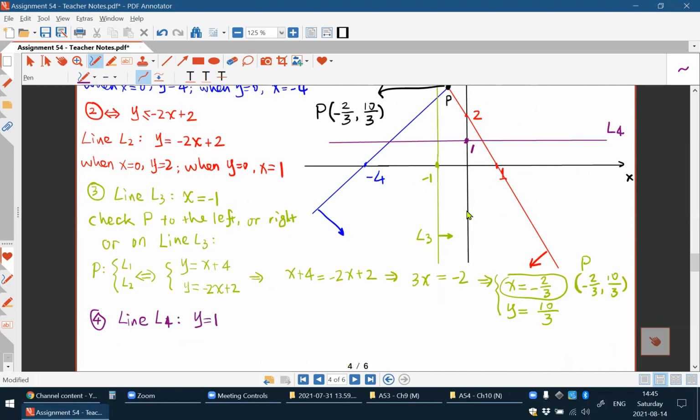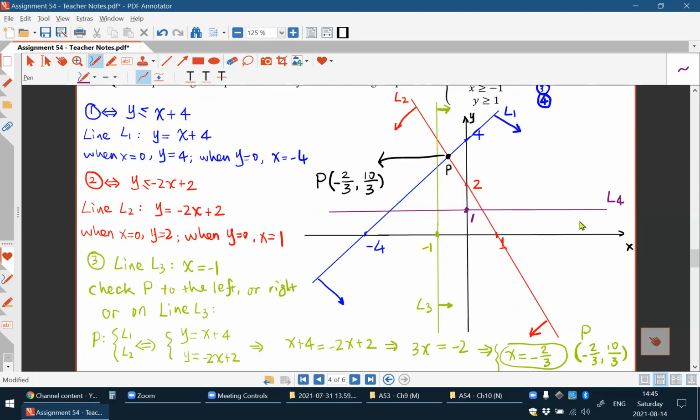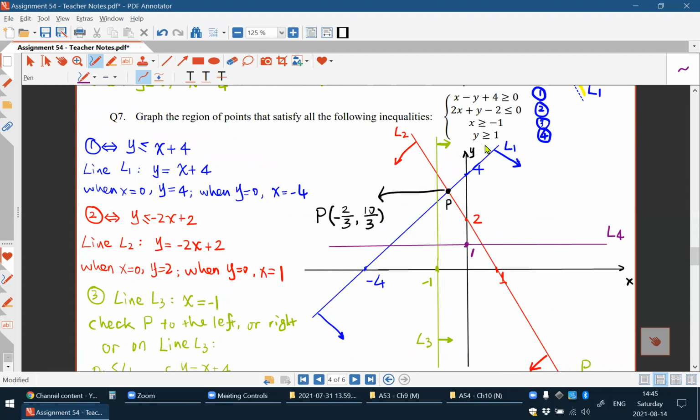All right, so according to the fourth inequality, it says y should be greater than or equal to 1. So the region of this inequality is above line 4, right? Okay, so considering the 4 inequalities, the bounded region should look like this. So first of all, there is a boundary here, right?